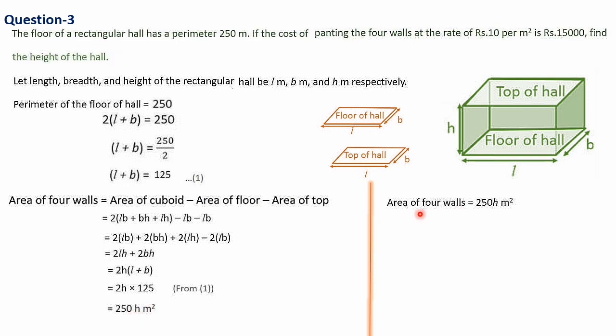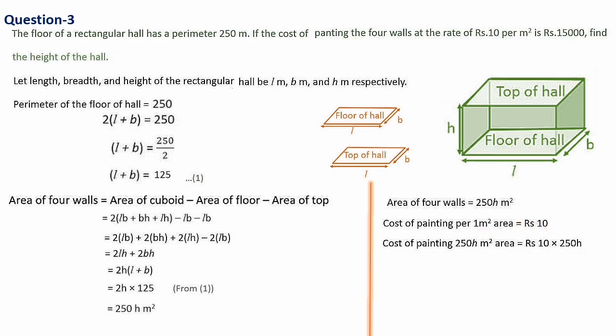So the area of the 4 walls is 250H meter square. The cost of painting per 1 meter square area is rupees 10. Then we have 250H meter square area, so the cost of painting 250H meter square area is rupees 10 into 250H, because 1 meter square is rupees 10.